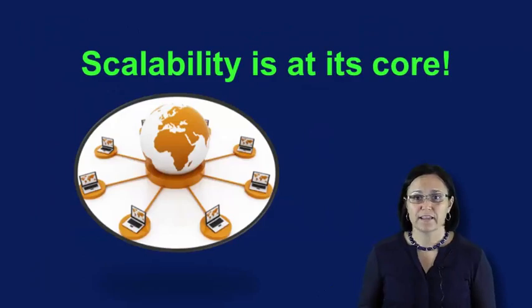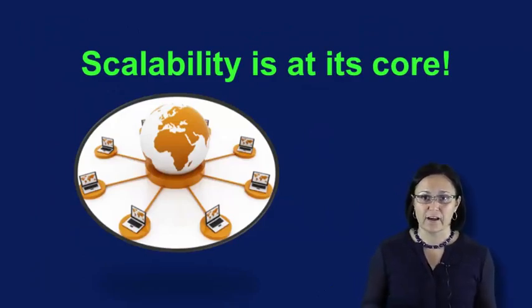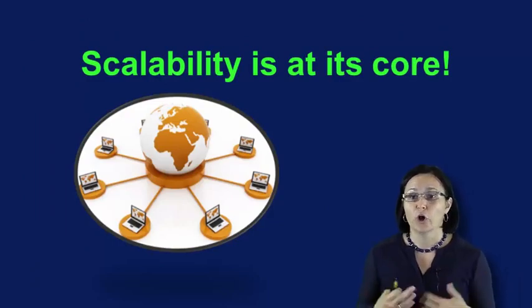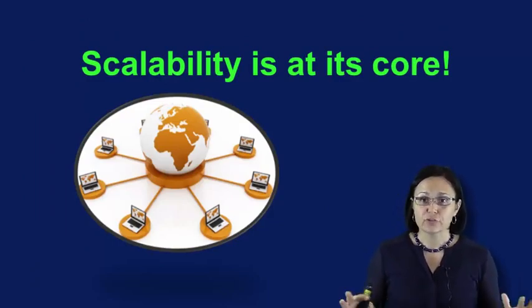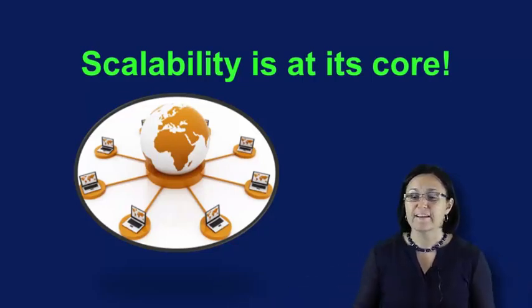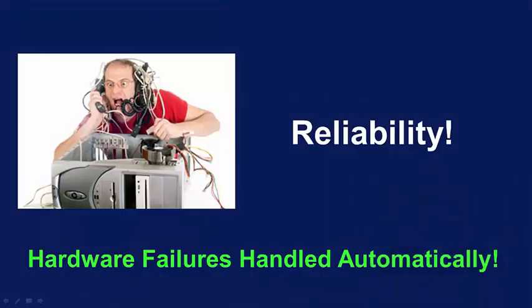Now, we talked about scalability many times in the previous class. Just keep in mind, scalability is at the core of a Hadoop system. We have cheap compute and storage we can distribute and scale across very easily in a very cost-effective manner. All of the modules in Hadoop are designed with a fundamental assumption that hardware fails. Unfortunately, that is true.